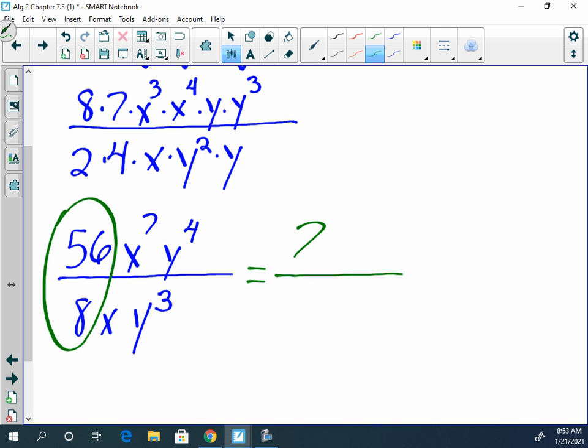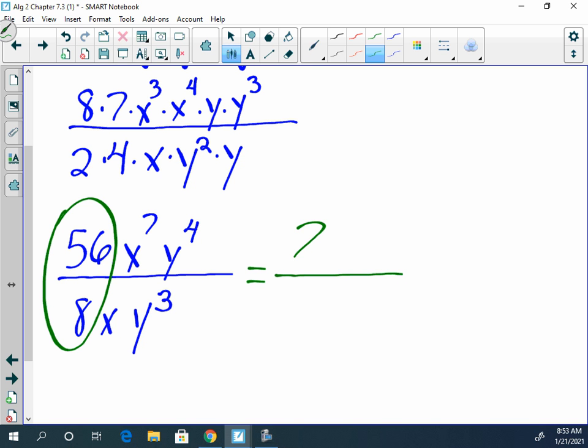And I'm going to do this here just in case, because if we have anything left on top and bottom, something on both, we'll still need the fraction. But it might turn out we don't. We'll see. Okay, because 56 over 8 will reduce to 7. I have 7 x's on top, I have 1 on bottom, yes? So we can take away 1.